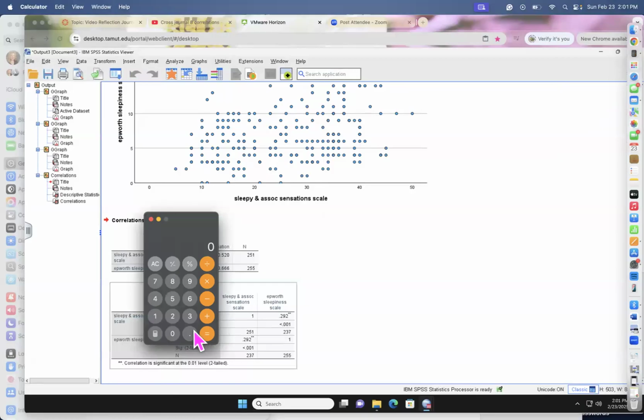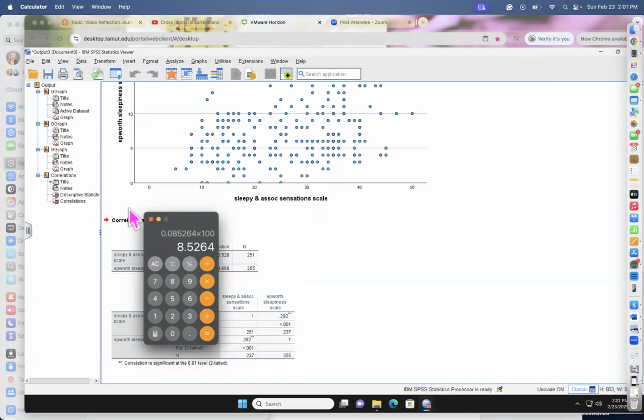I'm going to take the R, which is the 0.292, and multiply it by itself. 0.292, and I get 0.0853. I'm going to multiply that by 100, and what I get is 8.53 percent of a variance.